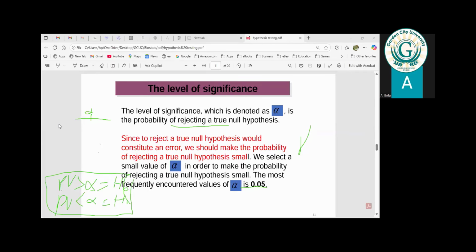Okay. So before I continue, I want to illustrate something. I hope you guys remember number line. Do you remember number line? Gifty, do you remember number line? Sir, no, I don't remember. Oh, okay.